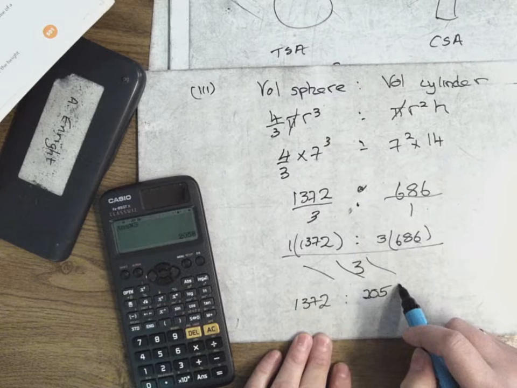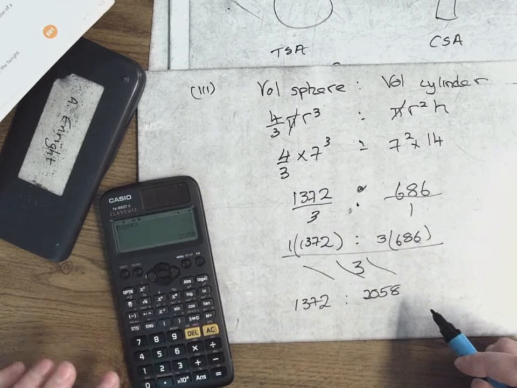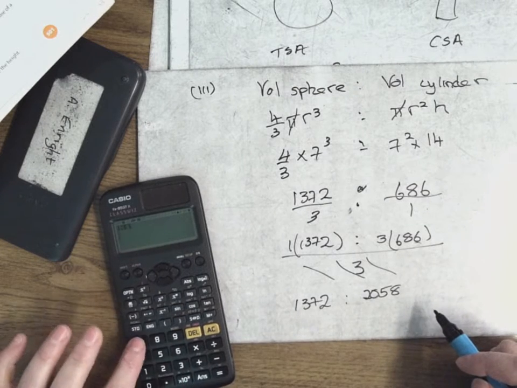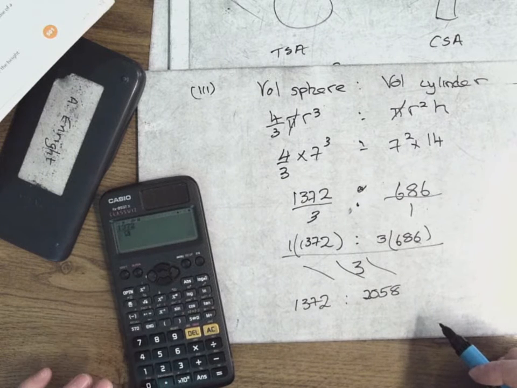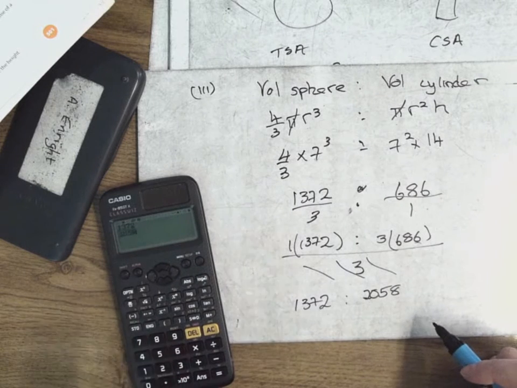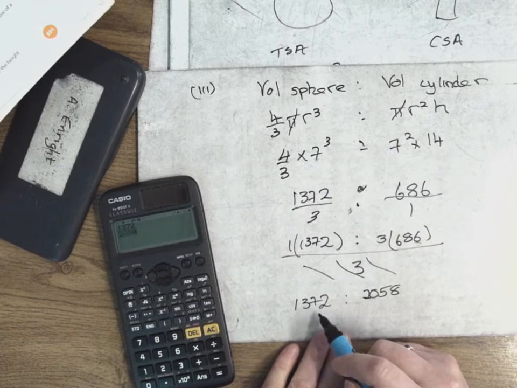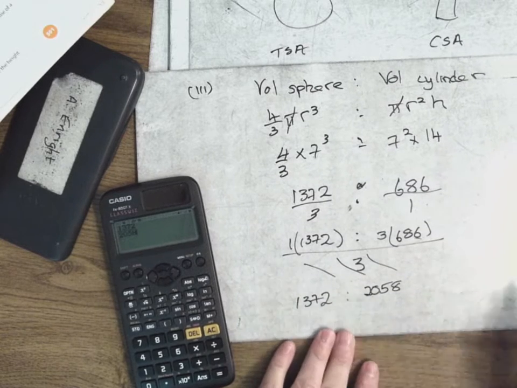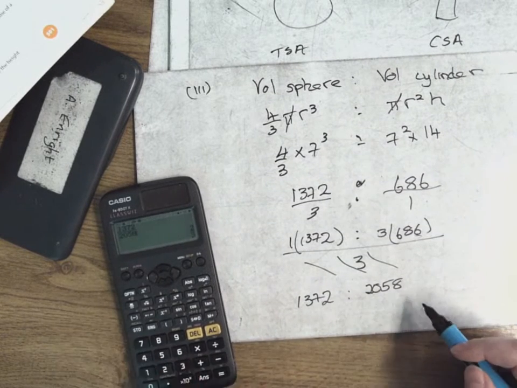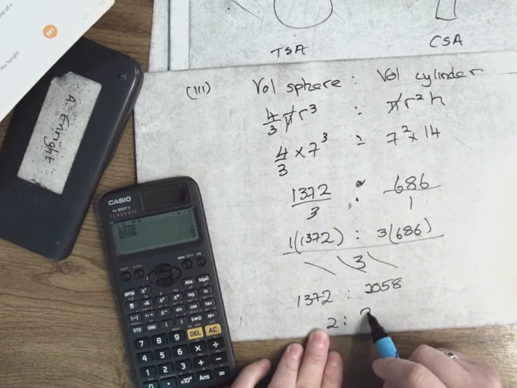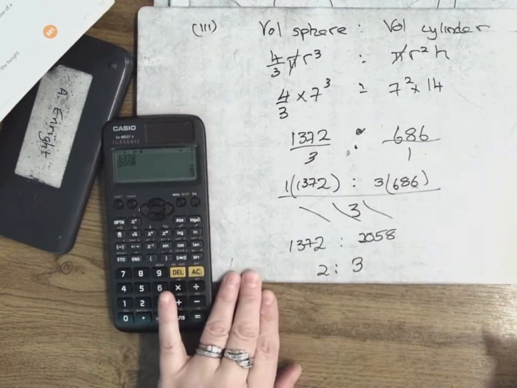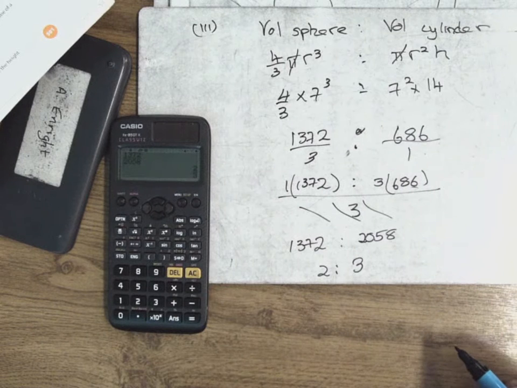And can that be cancelled down? It probably can. So put it in as a fraction into your calculator and see what comes out, because ratios can be written as that is to that or that over that. Equals 2:3. Okay, is that right? Are we okay?